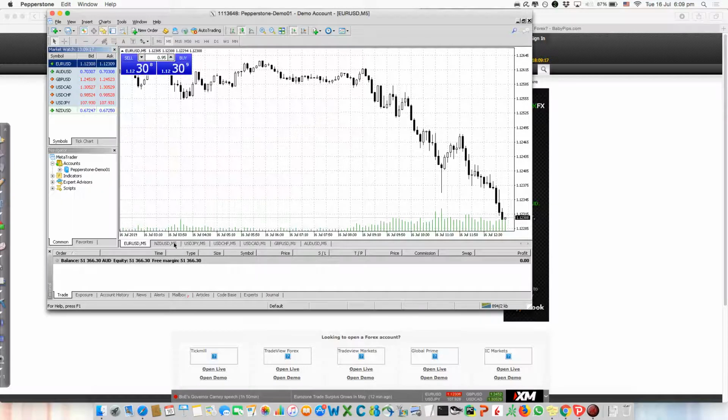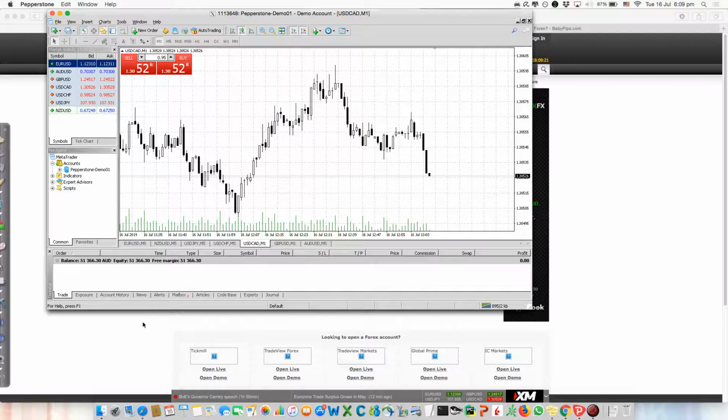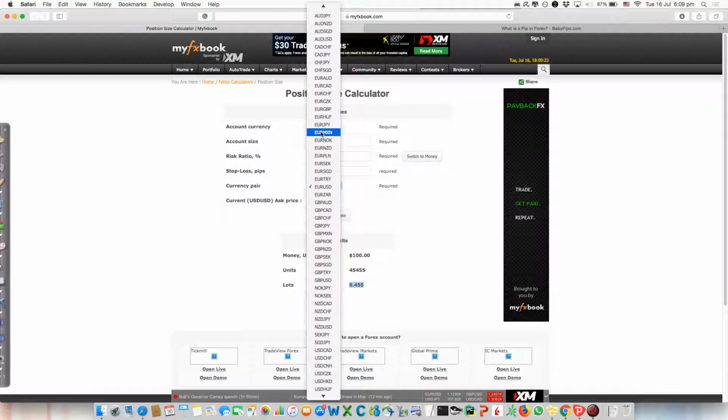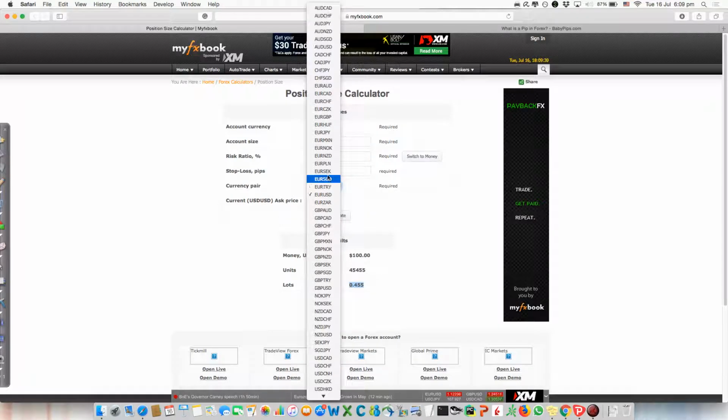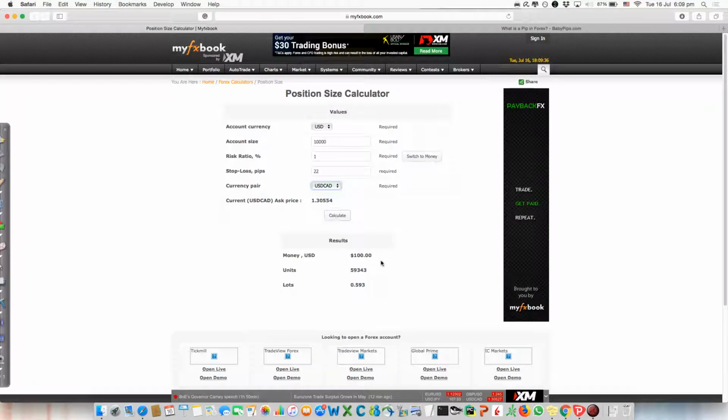Now, this can be different for different pairs. For example, if we go to, I don't know, USD/CAD, everything is the same: same capital, same risk, same stop loss. But look what happens when we go here to USD/CAD. Now you see the number of lots is different, because this is also computed taking into account the USD/CAD price.